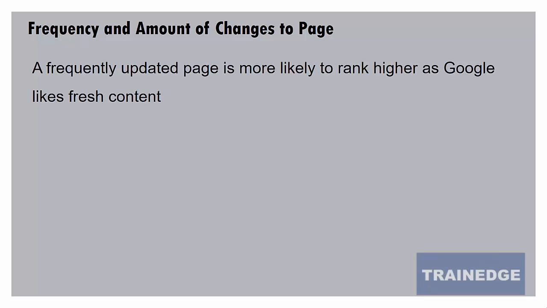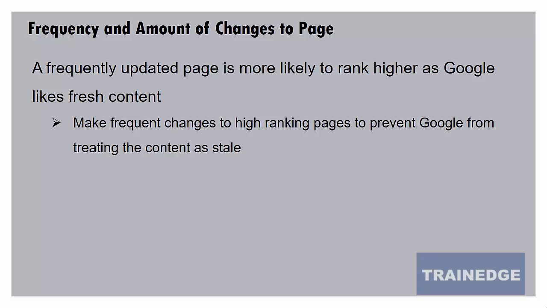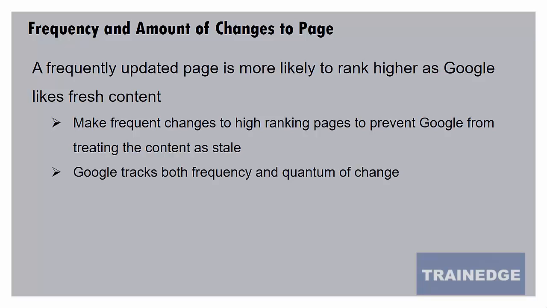How frequently and how much a page changes can also have an impact on SEO because Google likes to rank fresh content. So if you make frequent changes to high ranking pages, you can tell Google that the content is fresh and that prevents Google from down ranking the pages. Google looks at both the frequency and the amount of change.